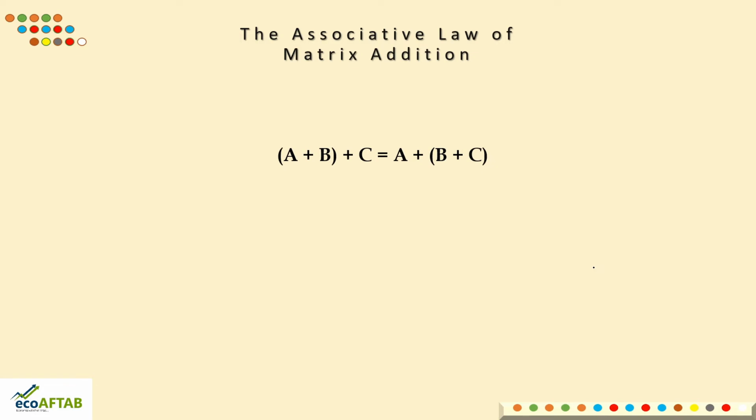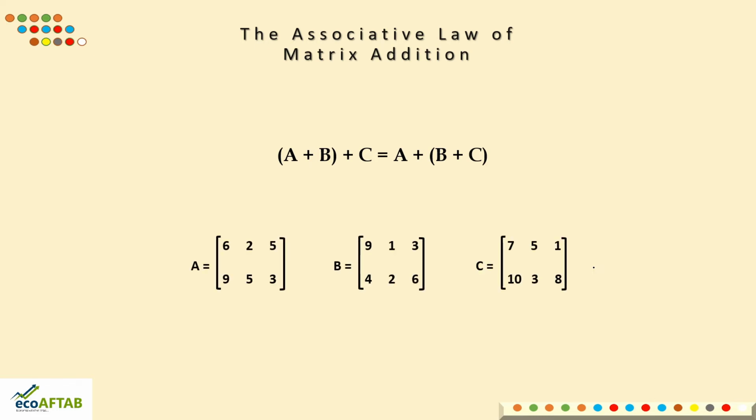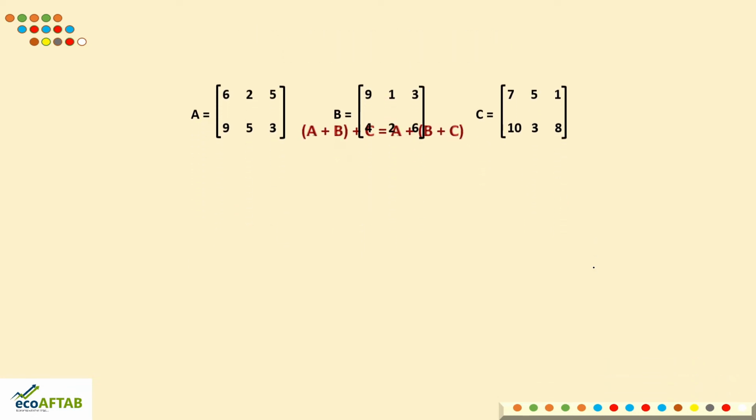A plus B first, then we add the C matrix: will it be the same as adding B plus C first and then adding the A matrix? We have taken three matrices A, B and C, and now we will work out whether the associative law of matrix addition is applicable for matrices.